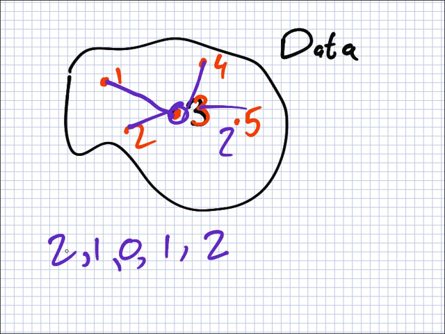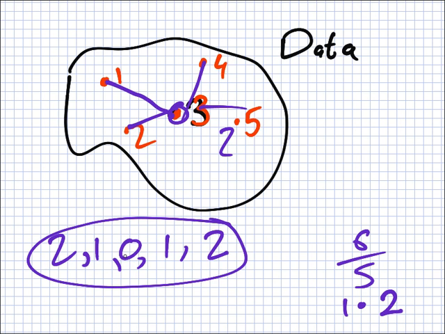Well, the first one is 2 away, then 1, then 0, then 1, 2. So we'll add them up. 1, 2, 3, 6 over 5, which is 1.2. Isn't it 6? 2 plus 1 plus 0 plus 1 plus 2? 6. Yeah, isn't it? 6 over 5. 1.2. There's 5 numbers, isn't there?